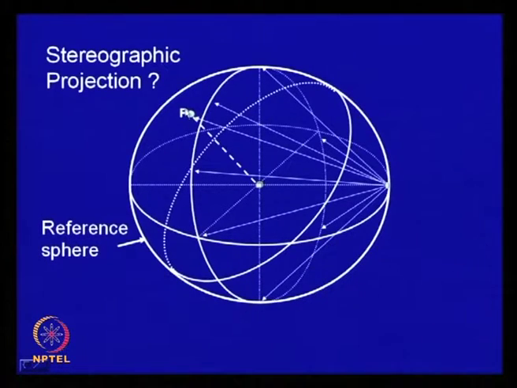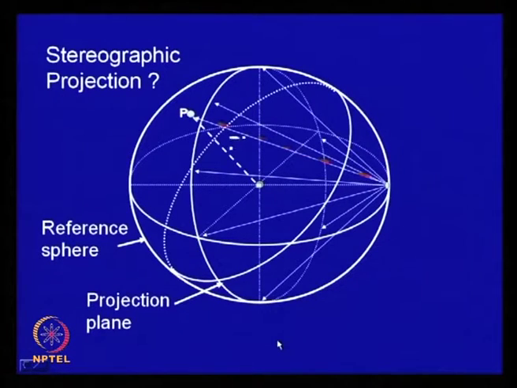Now, let us try to project this point P onto the projection plane. This circle is the projection plane, with a light source placed here. Imagine that this pole is marked by a dark color, say black, on a transparent sphere. Put a flash bulb over here and find the line joining this and this, and where it intersects the projection plane.